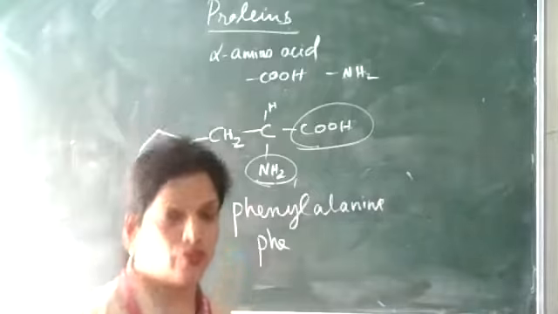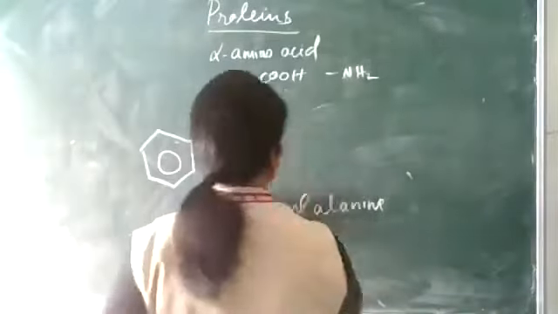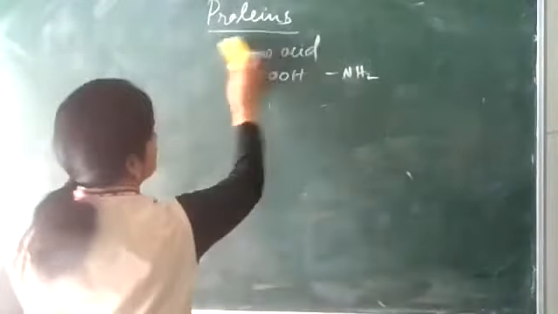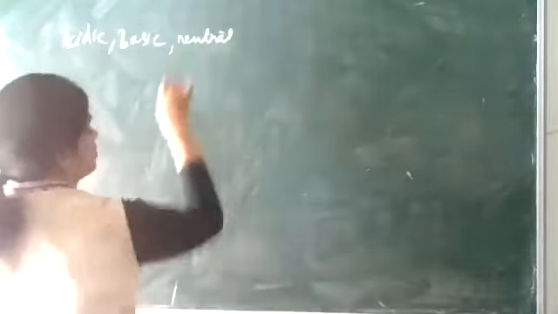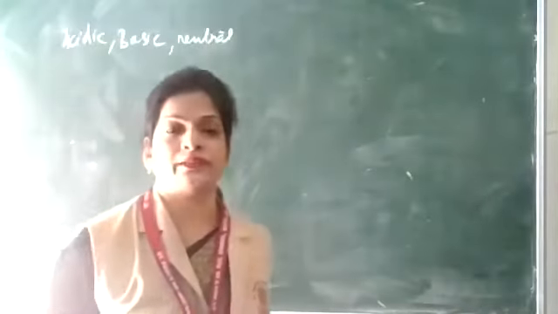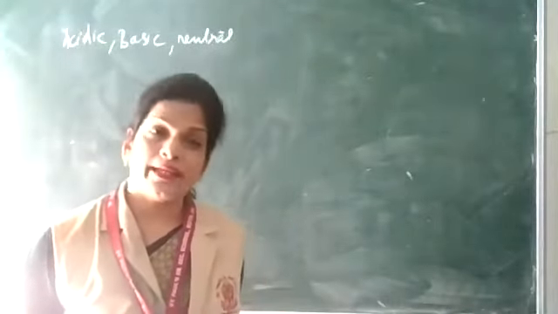So, classification of amino acids. There are different classifications: acidic amino acid, basic amino acid, and neutral amino acid. If the number of COOH groups is more than NH2 groups, then acidic.